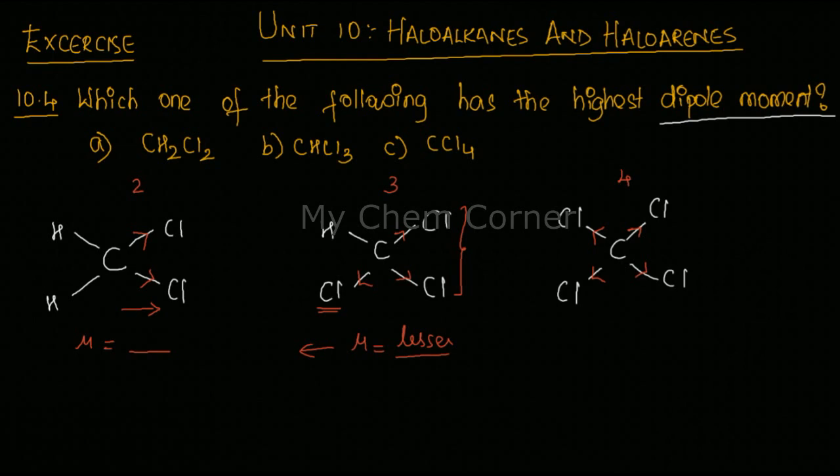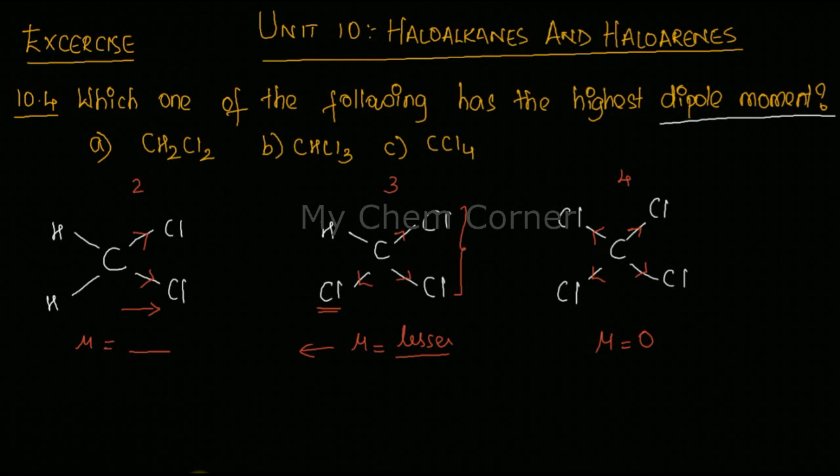Alright, and if you see the last one, all the 4 Cl atoms are pulling the electrons in 4 different directions away from the central atom. In the last case, the dipole moment is 0.